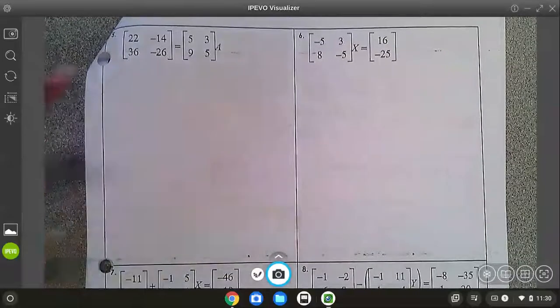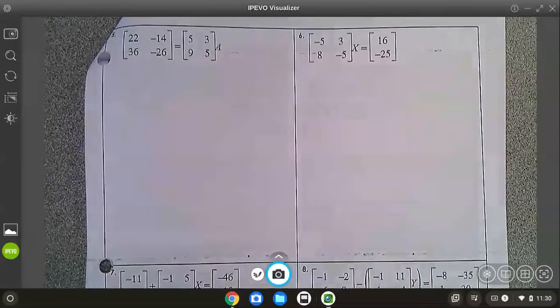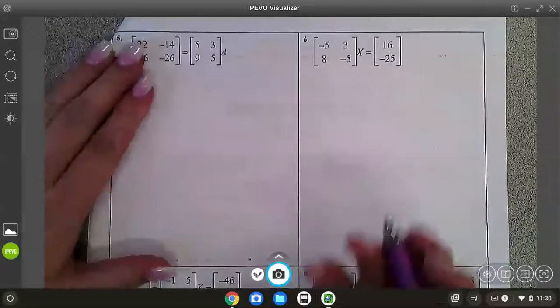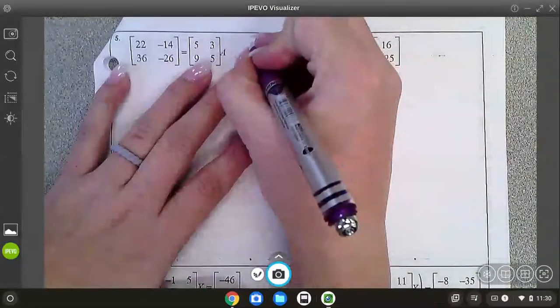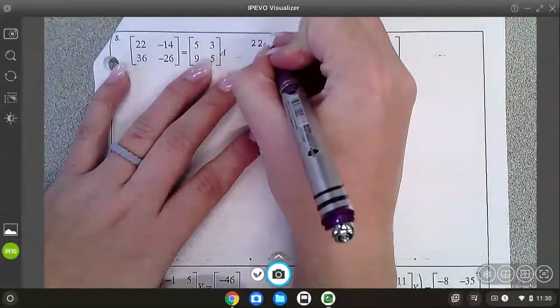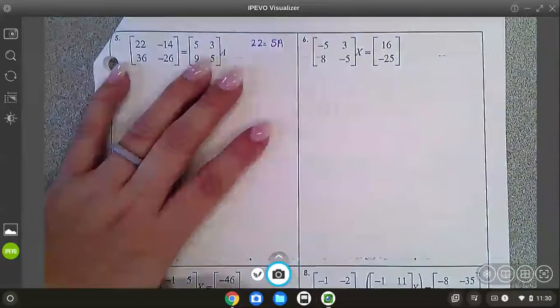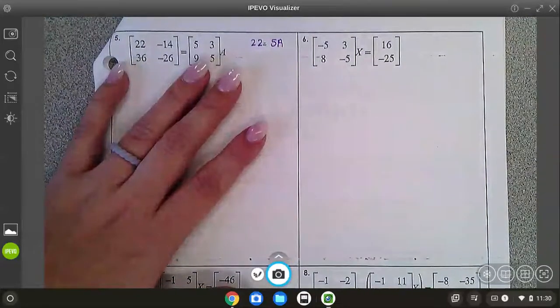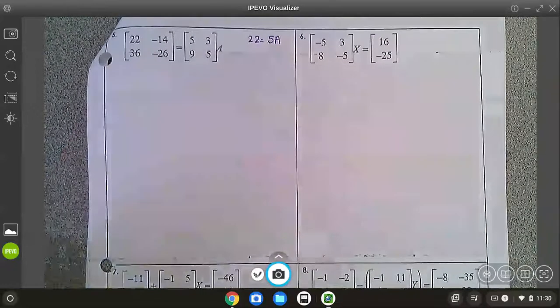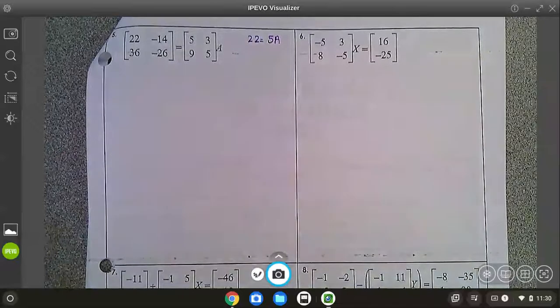So if this was just a regular equation, 22 equals 5a, your instinct would be to divide by 5. But we don't do that. We don't just divide matrices.